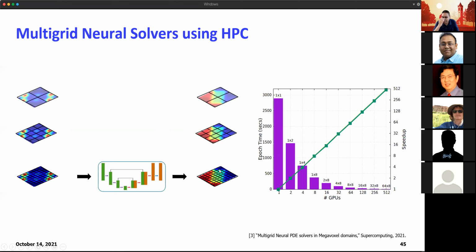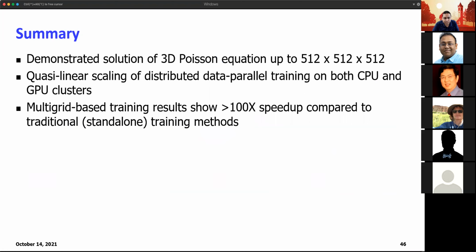By doing that, we can perform these on much larger mesh sizes. And also we can scale it to a lot of GPUs and do it much faster. I'm not going into details of these, but just giving you a flavor of how the future of solving PDEs is going to be using these neural PDE solvers.